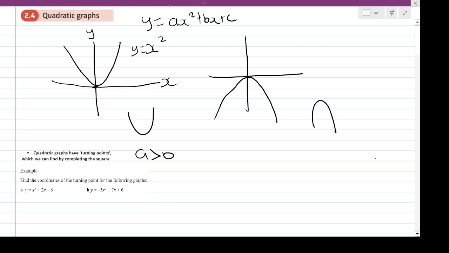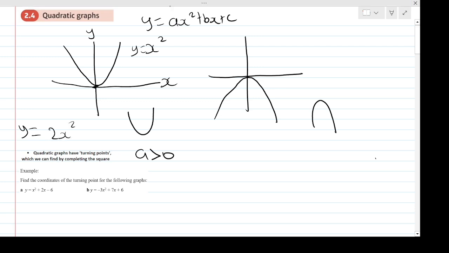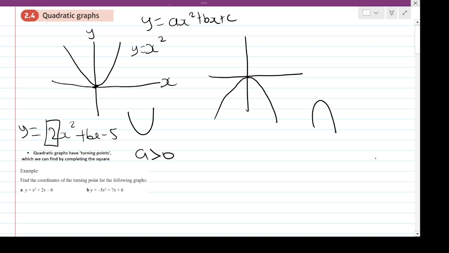So for example, if we had y is 2x squared plus 6x minus 5, it doesn't matter what these two terms are, we only care about the x squared coefficient. Here we have 2, which is positive, so it would be a smiley shape like that.